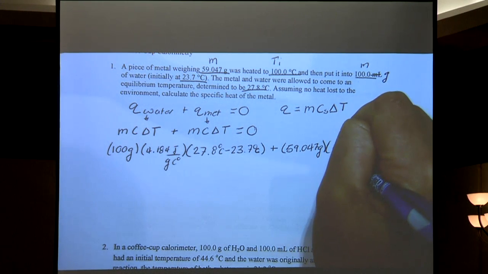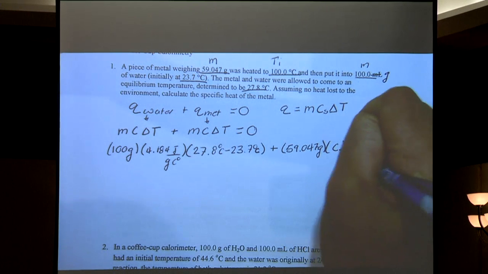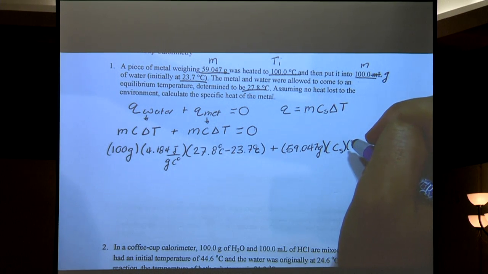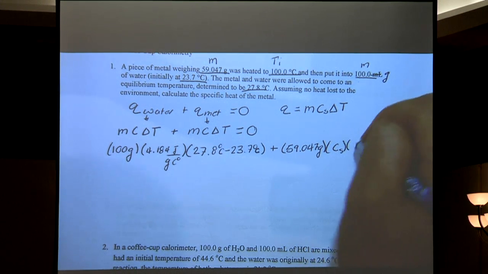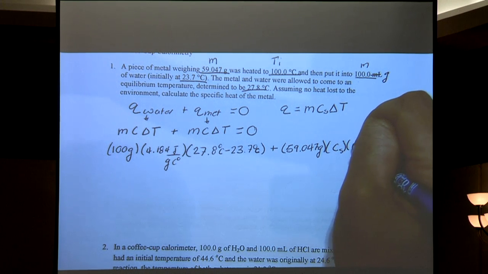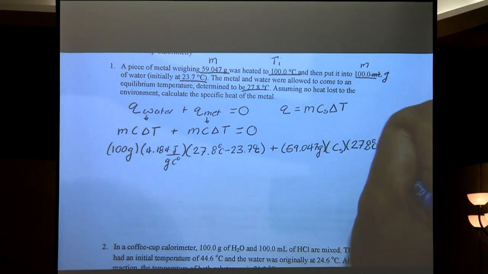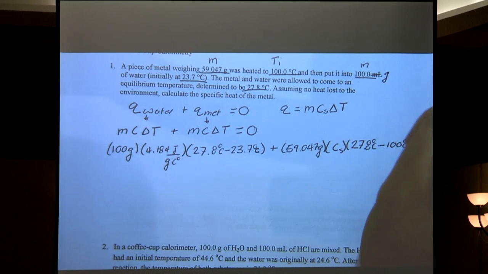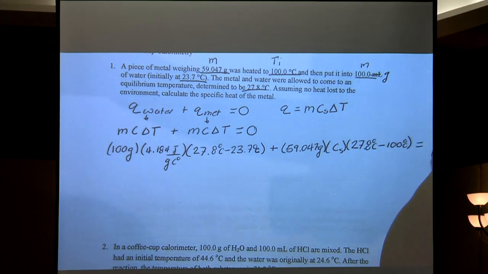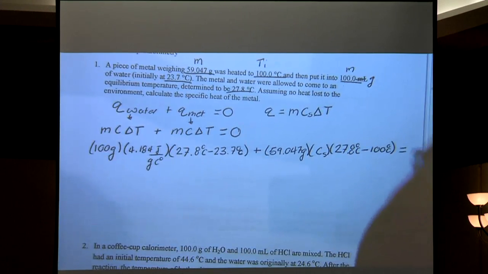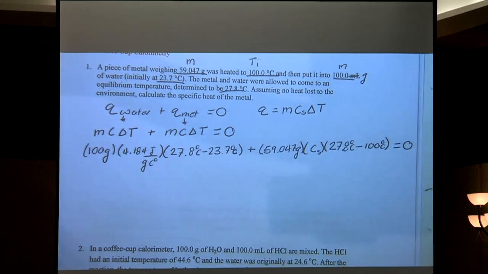So my C for metal times my delta T. What's my TF? 27.8 degrees Celsius, that's the equilibrium, minus my TI, which is 100 degrees Celsius, equals what? 0. Awesome.